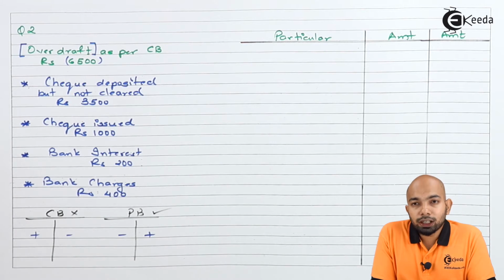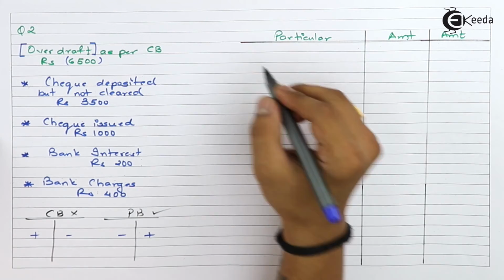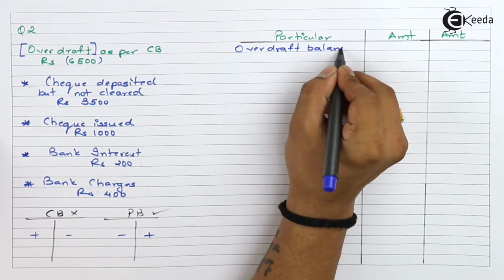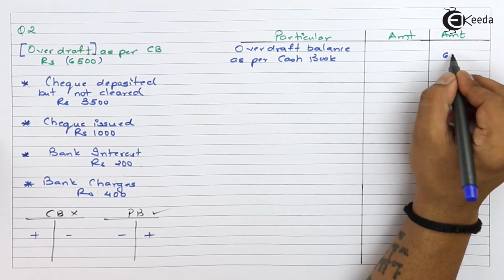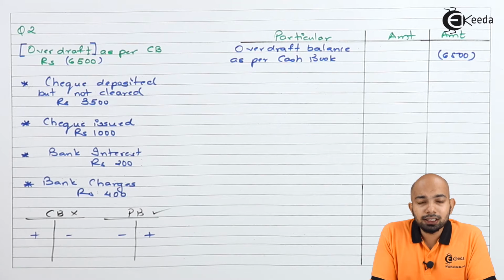Now that there is an overdraft balance as per the cash book, we'll be mentioning this amount on the external side. As I've mentioned a bracket here, that means the balance is already negative, so it is already on the minus side.